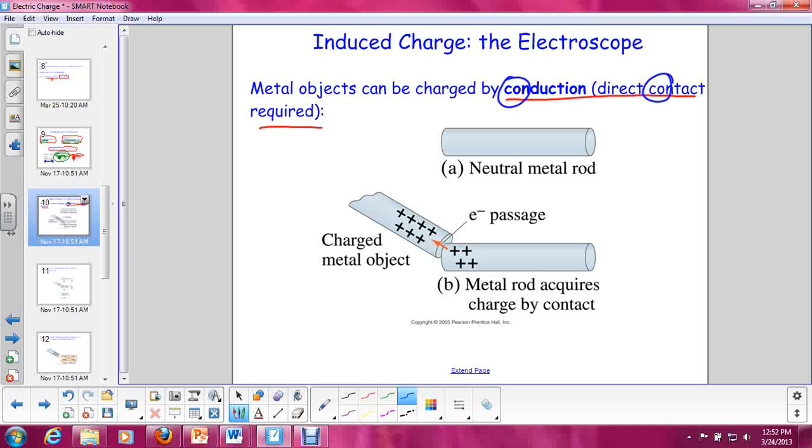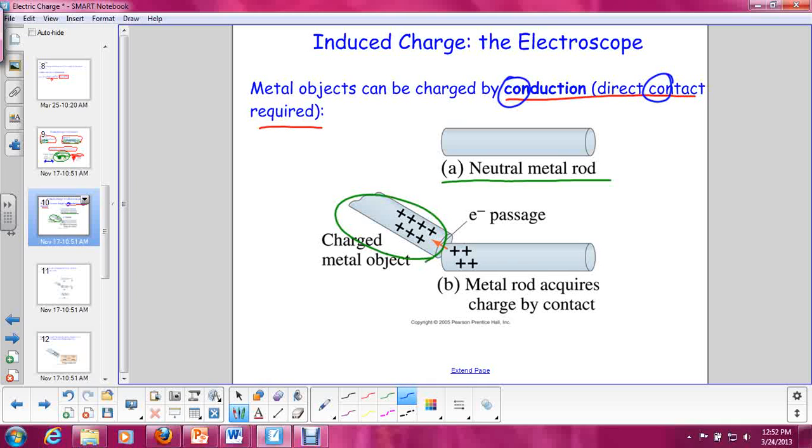So if we have a neutral metal rod, its positives and negatives are balanced at this point, and I want it to become positively charged, what I can do is bring a positively charged object to it and touch it. These positive charges want to get as far away from each other as possible, and in order to do that, they make use of moving electrons.